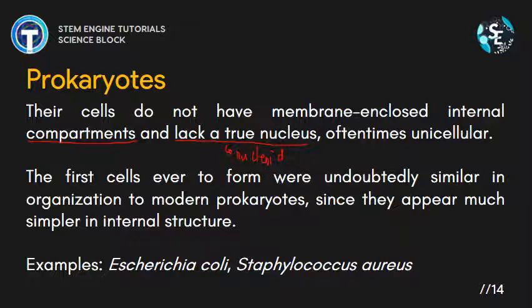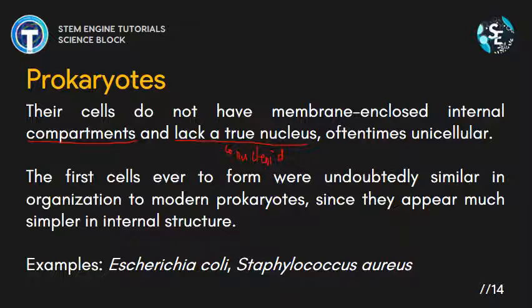So, the first cells ever to form were undoubtedly similar in organization to modern prokaryotes since they appear much simpler in internal structure. This just means that yung mga sinaunang life, the first life that appeared on the earth, are highly similar to the organization of modern prokaryotes.